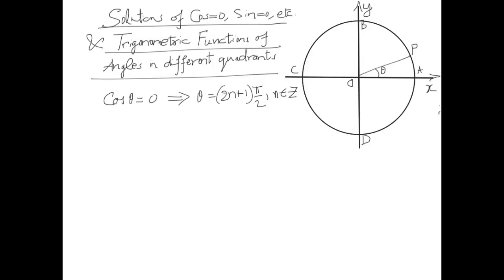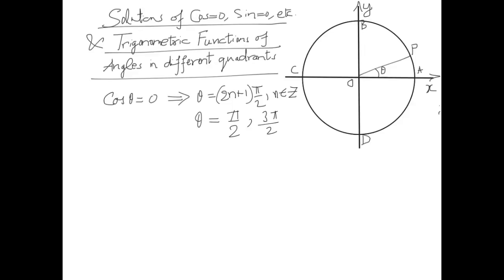So what would be the principal solutions of this equation? As we can see from this unit circle diagram, those values would correspond to theta is equal to pi by 2, that is when point P coincides with point B, and theta is equal to 3 pi by 2, that is when point P moves to point D.